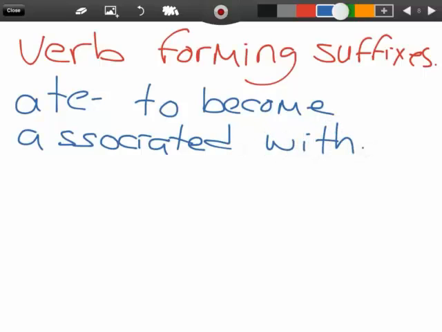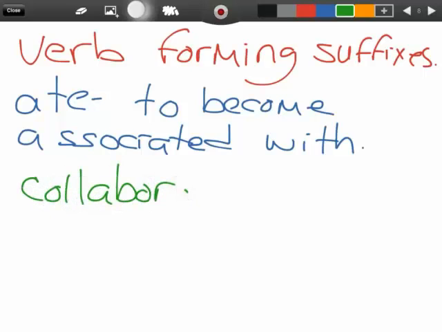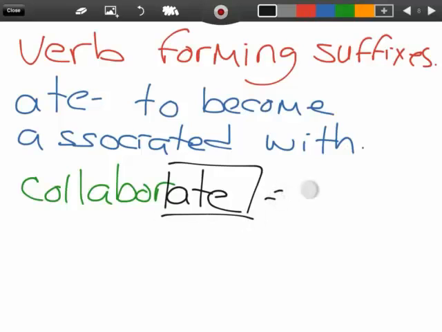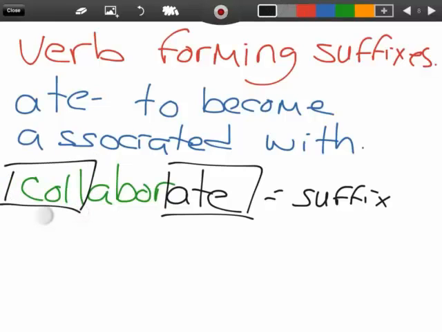I'm going to go ahead and give you an example word. It's collaborate, and here is our suffix, and I'm going to go ahead and give you the meaning of this.